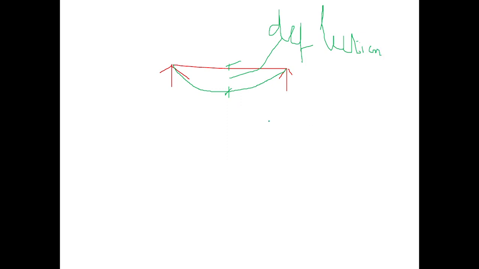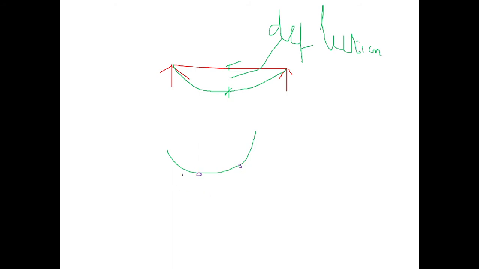But deviation is different. Suppose it is an arc, and this is 1 point and this is 1 point.